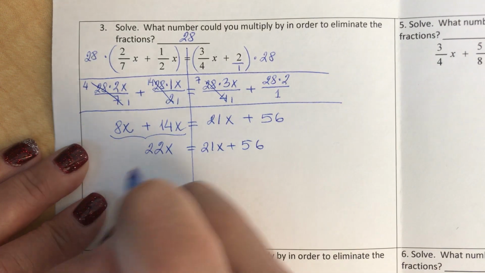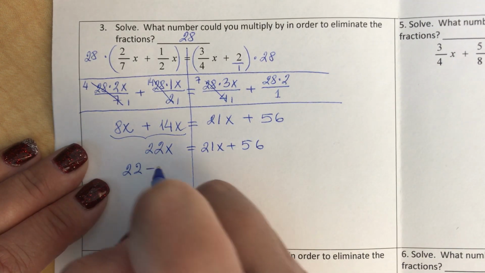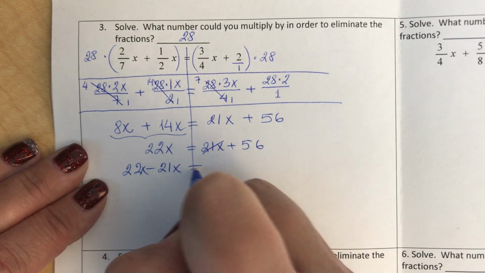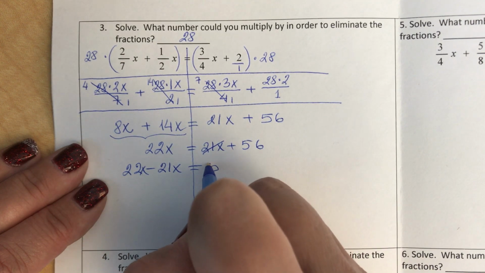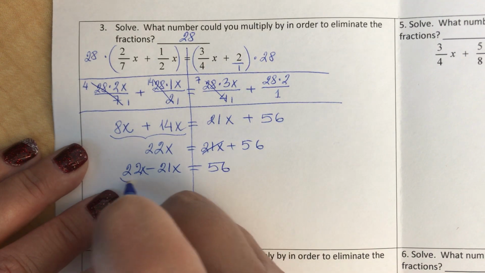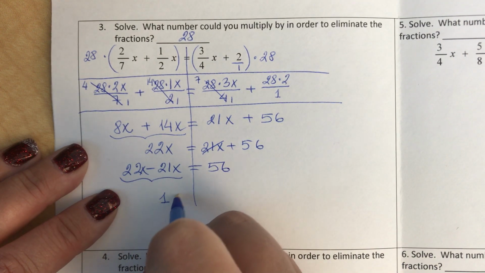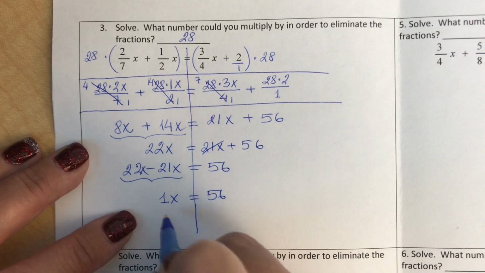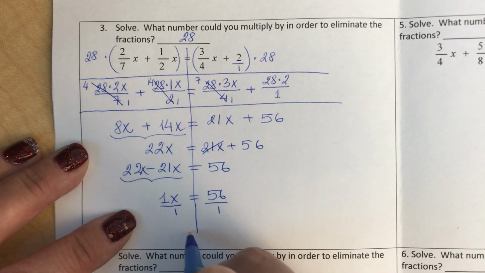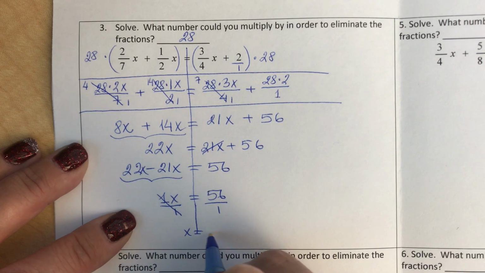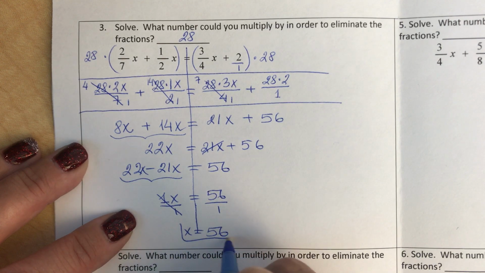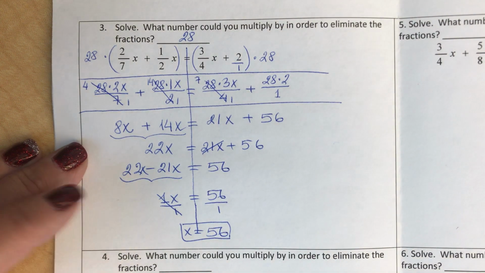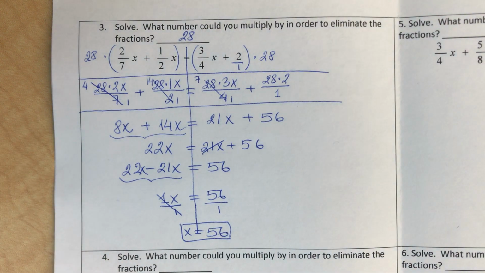Then we subtract this 21. 22 minus 21 will be 1x equals 56, and x will be 56, or we can say divide by 1. And here is our final answer, 56, without fraction rules.